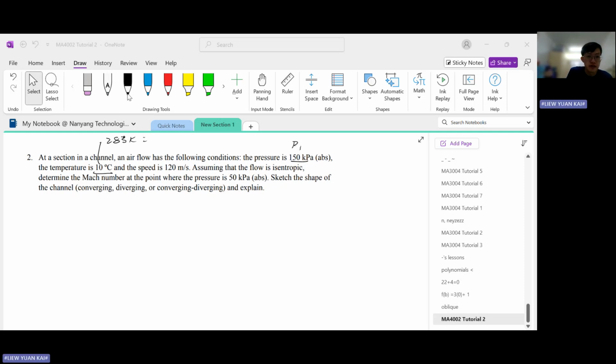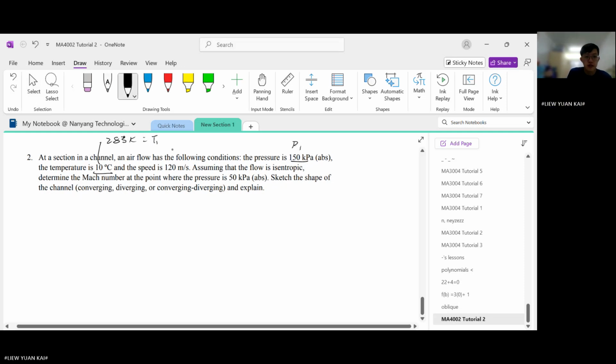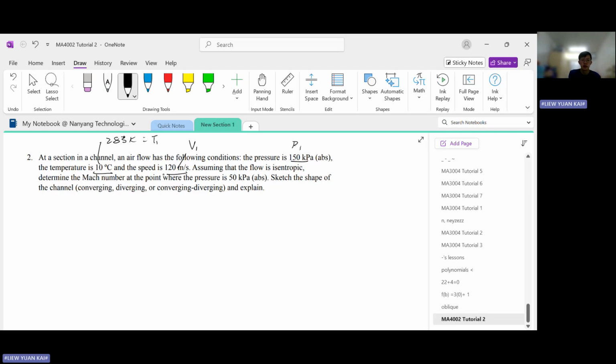So this will be T1. This is V1. Assuming that the flow is isentropic, determine the Mach number at the point where the pressure is this. So this is P2. We will call this point 2. Then sketch the shape of the channel and explain.